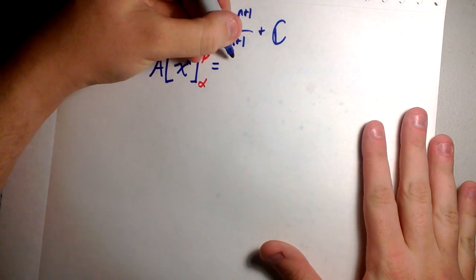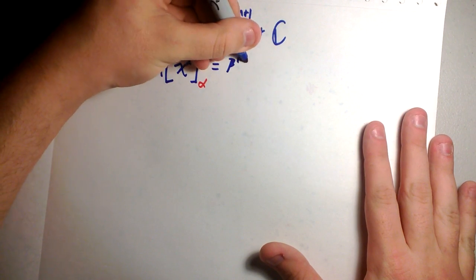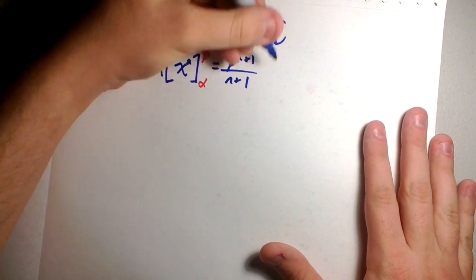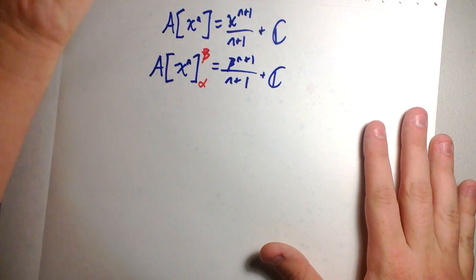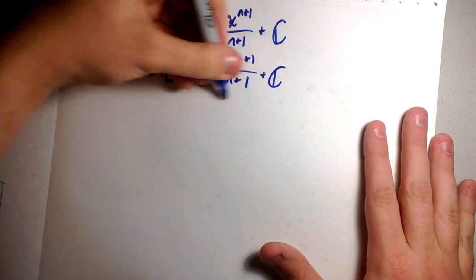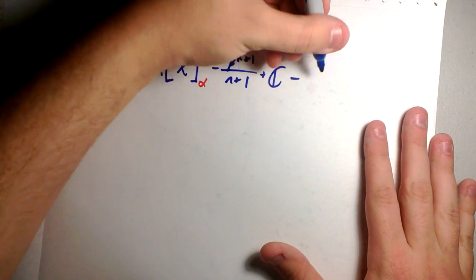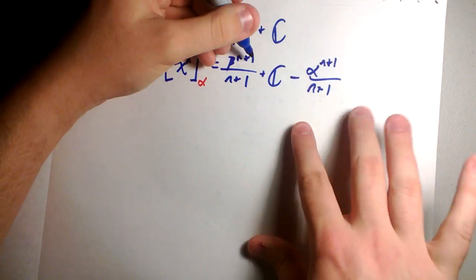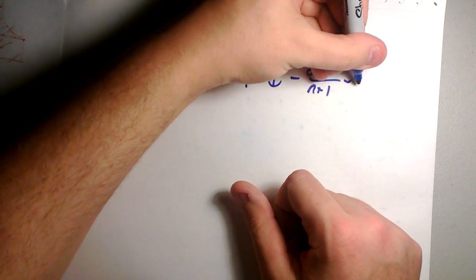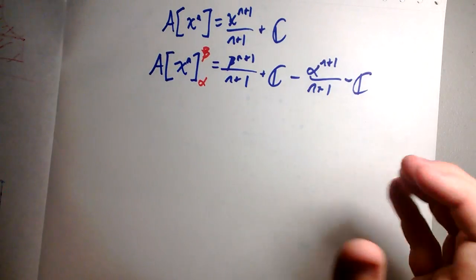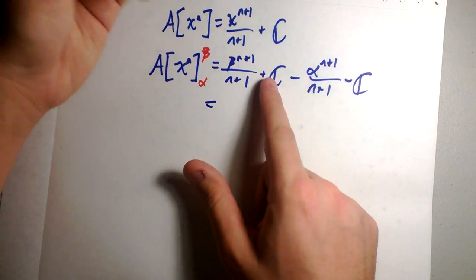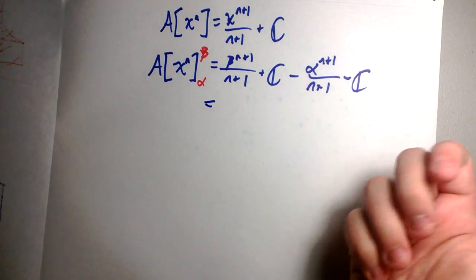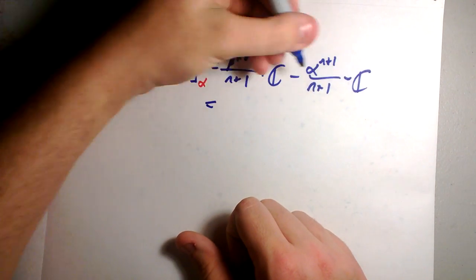We have beta to the n plus 1 over n plus 1, then this plus c that we added. And now we subtract that whole other function plugged in, so alpha to the n plus 1 over n plus 1. Since we subtract everything, we're subtracting the c. So in this scenario, the c's just go away. Those constants, whatever they are, if it's plus 5, whatever, they always go away.